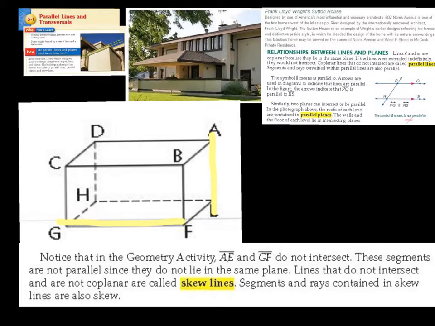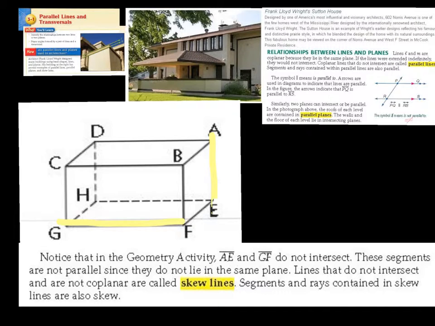These segments are not parallel since they do not lie in the same plane. Lines that do not intersect and are not parallel are called skew lines. Segments and rays contained in skew lines are also skew. There are a bunch of other examples of skew lines in the diagram as well.